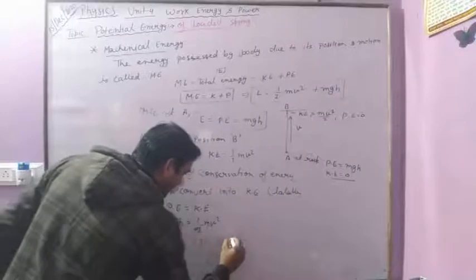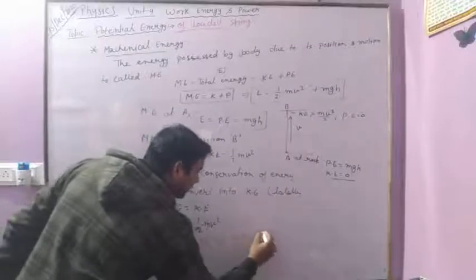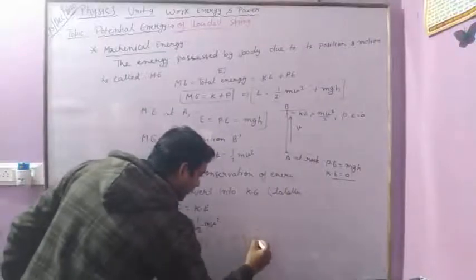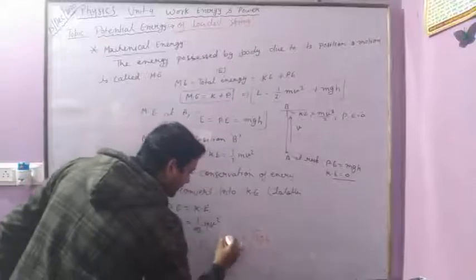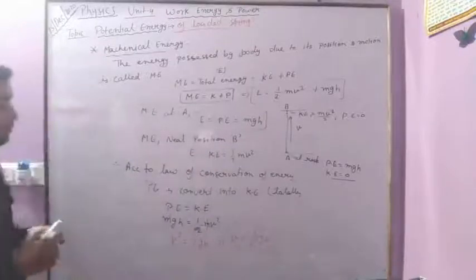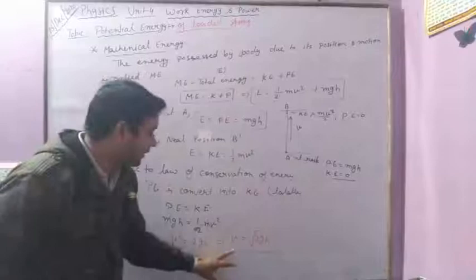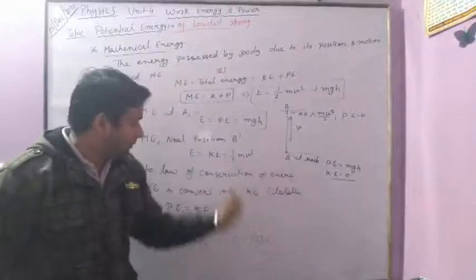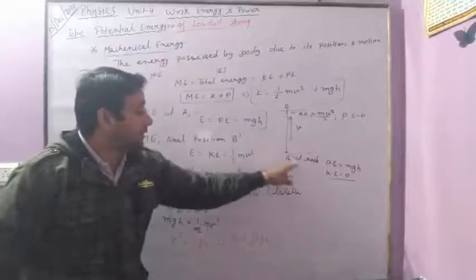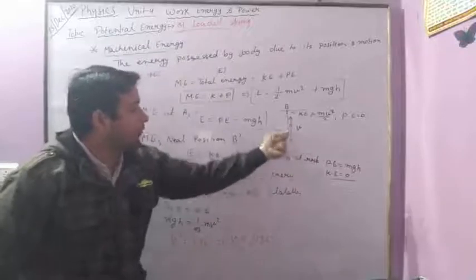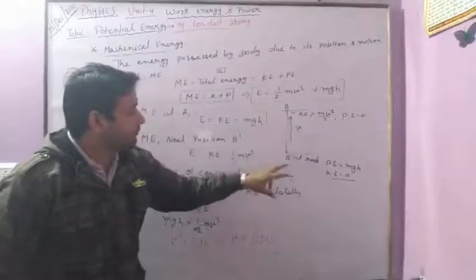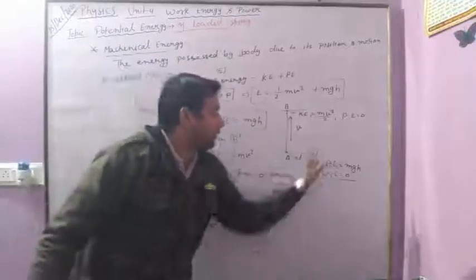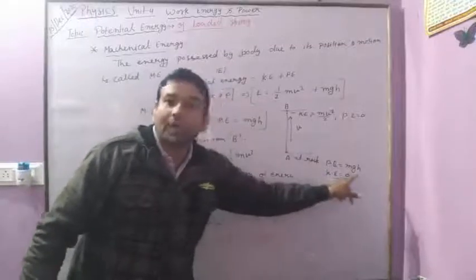Therefore we calculate the velocity is equal to under root 2gh. This is the velocity of the object when it is thrown vertically with the energy equal to mgh.